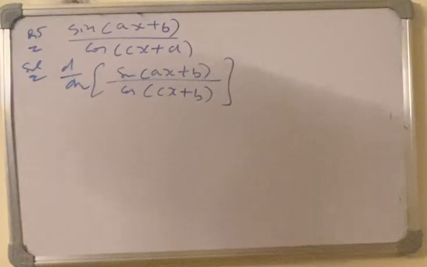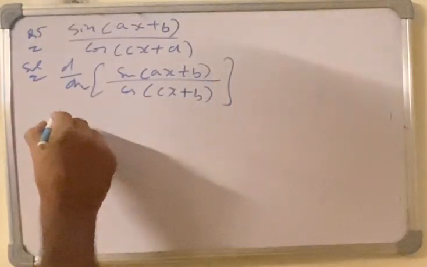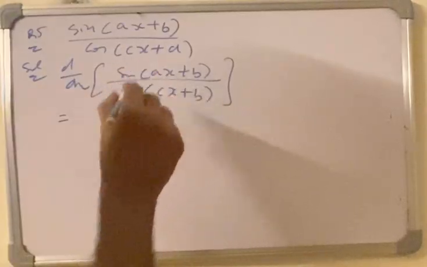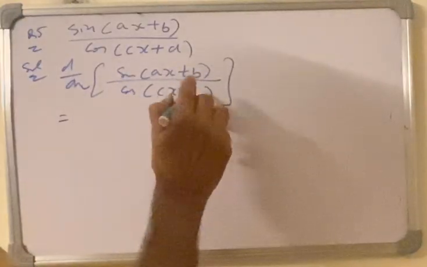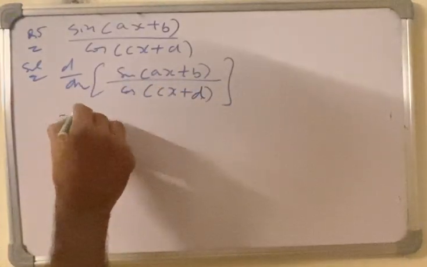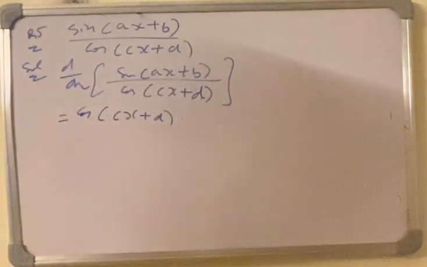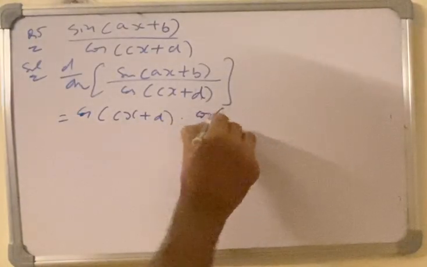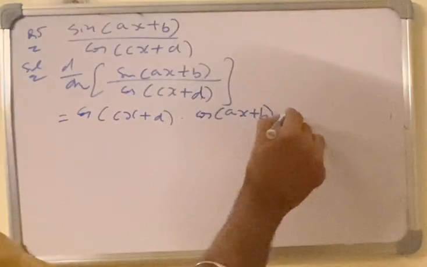Quotient rule is d by dx of u over v, when v is not equal to 0, v into derivative of u minus u into derivative of v over v square. Therefore, here u is sin of ax plus b, v is cos of cx plus d. So this is cos of cx plus d, derivative of sin is cos of ax plus b, and that of ax plus b is a.